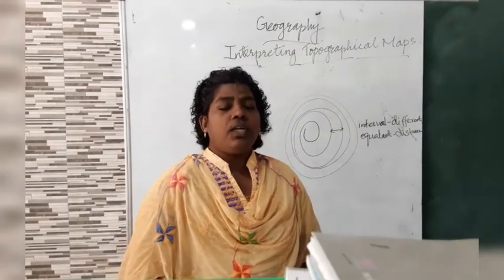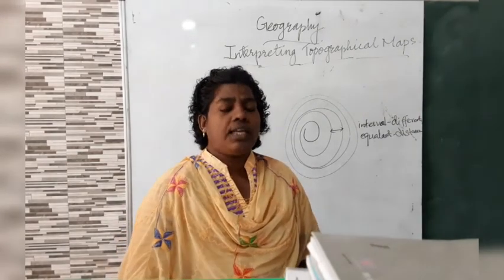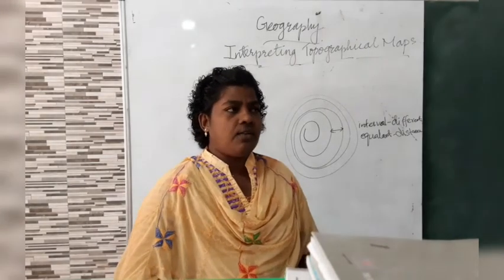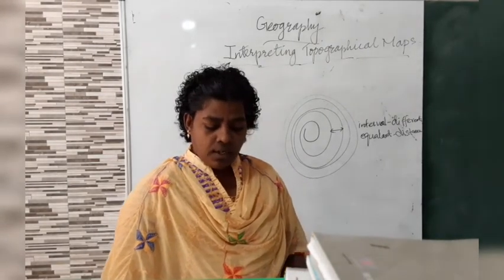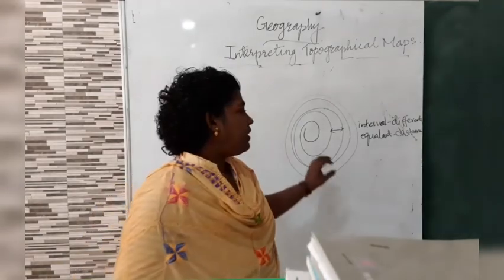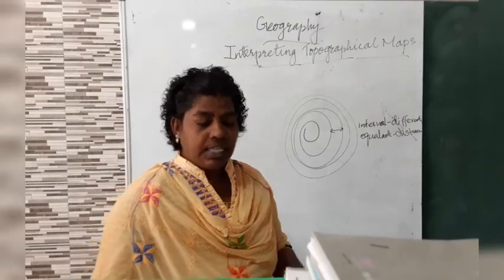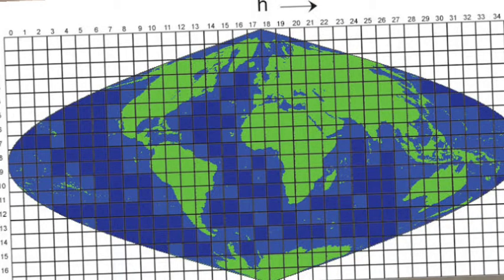Then afterwards what have we learned? We have learned about the characteristics of the contour lines. What are the characteristics you have learned? Contour lines are drawn at a fixed interval. Second, they will not intersect each other.